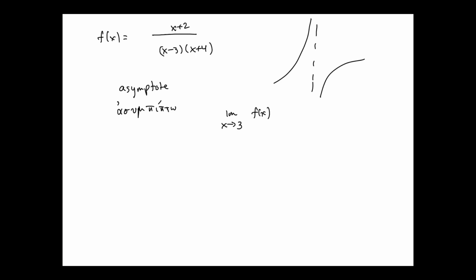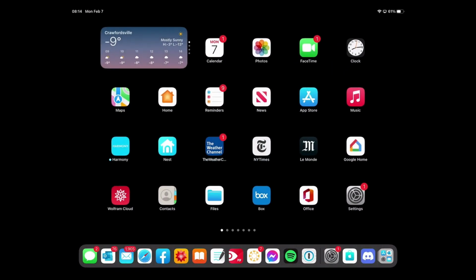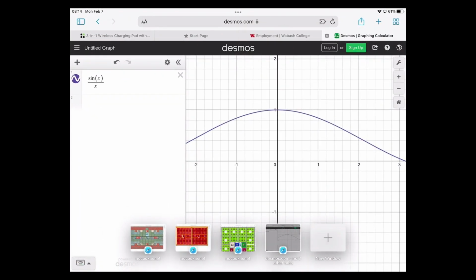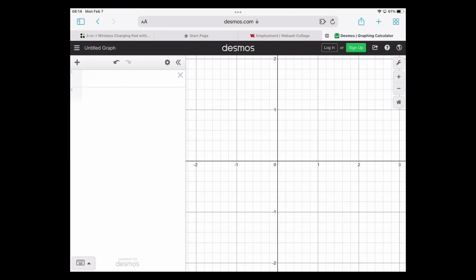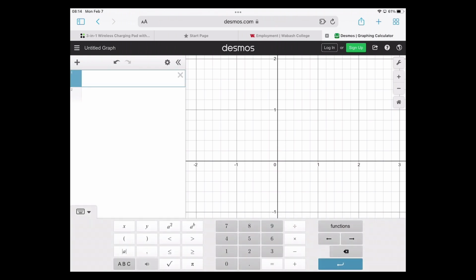Good. So let's go over to Desmos and graph this thing. What was it? X plus 2, and then I need some parentheses, and we need to divide. And what was it?